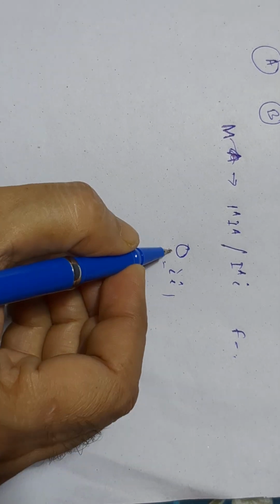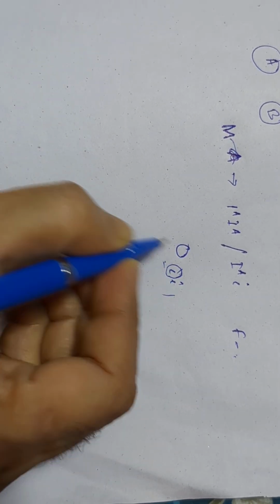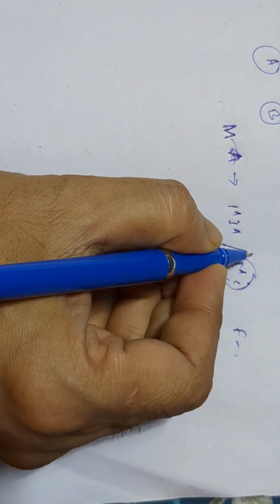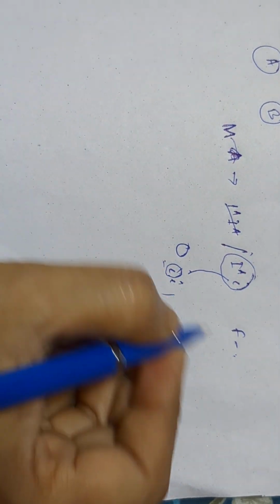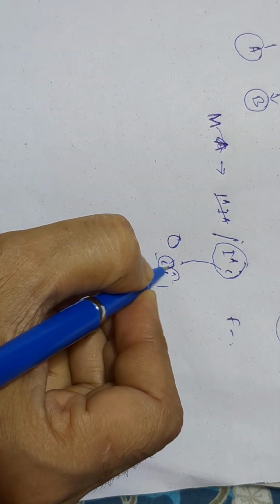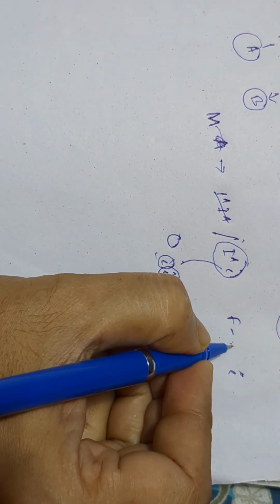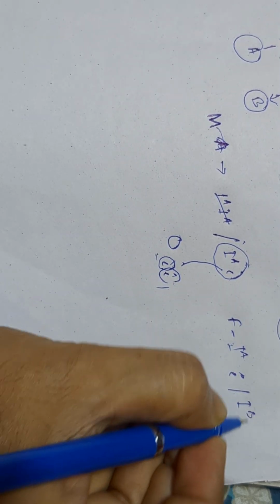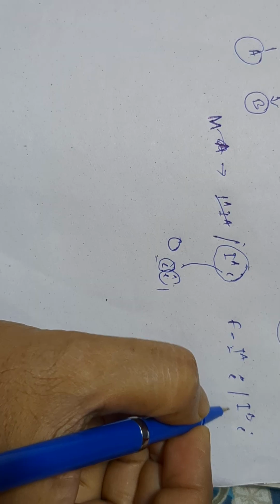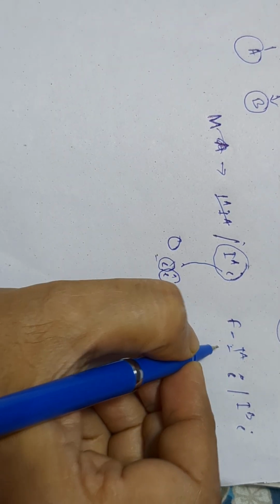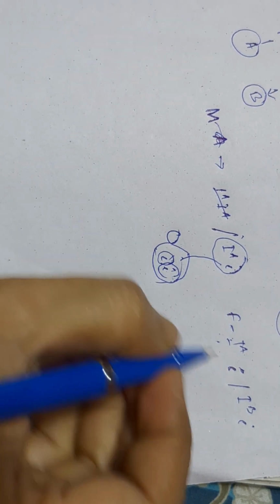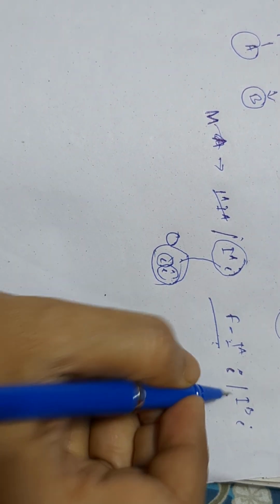So what would be the father? As the son has O group, one i came from the mother. So this genotype is found in the mother. This is not. And one would come from the father. So i would be from the father, and the other may be either A or B. If recessive i comes from the father and i from the mother, then the son will be O group. So the father will be either A or B group.